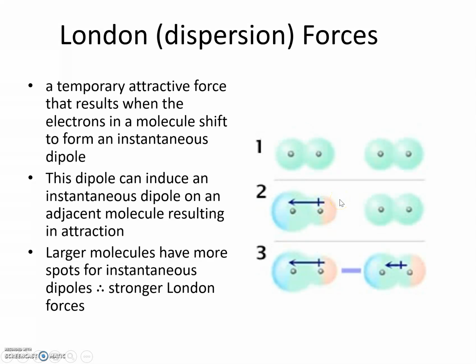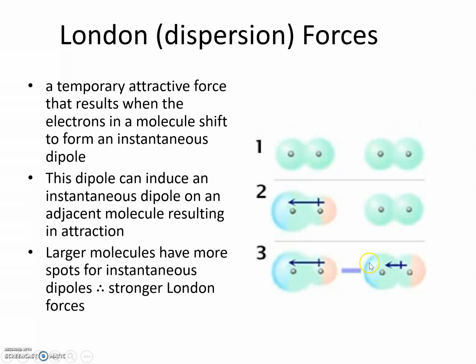It's not because the molecule is polar, it's just because the electrons every once in a while are going to shift in such a way that you create a dipole, an instantaneous dipole. And now, if there's another molecule near, that instantaneous dipole can induce a dipole on that adjacent molecule, because if we think of the red here as being the positive part of this dipole, it's going to pull on the electrons in the adjacent molecule.